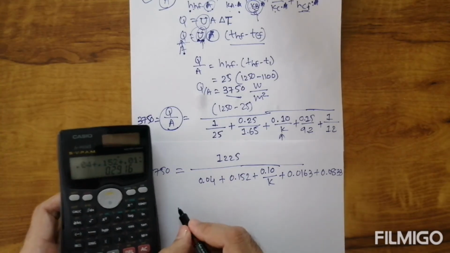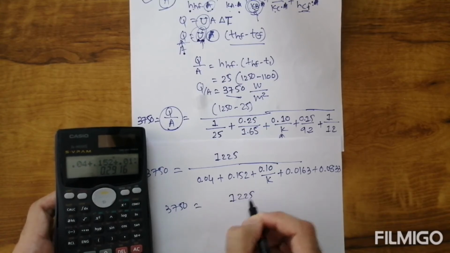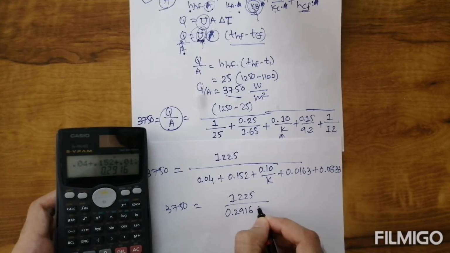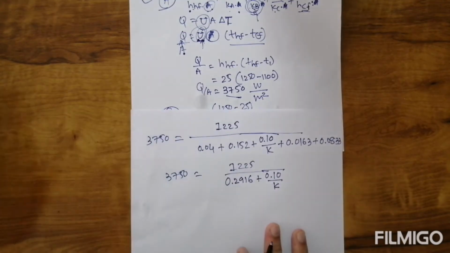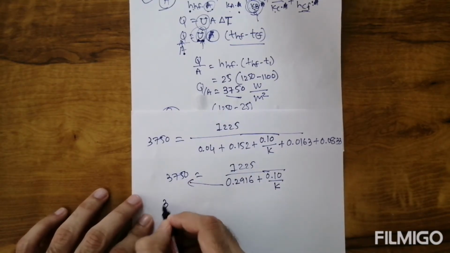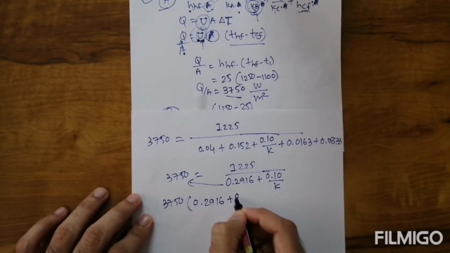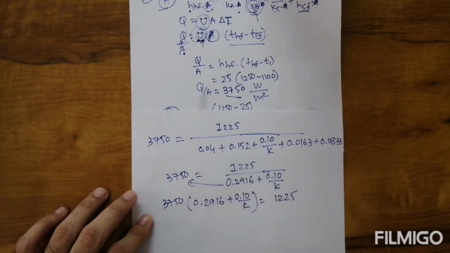So the below side will be 0.2916 plus 0.10 divided by K. Now we take that term to this side, so it becomes 3750 times (0.2916 plus 0.10 divided by K) is equal to 1225.